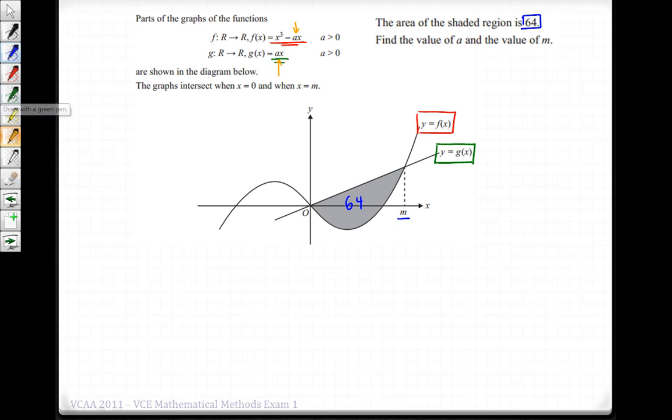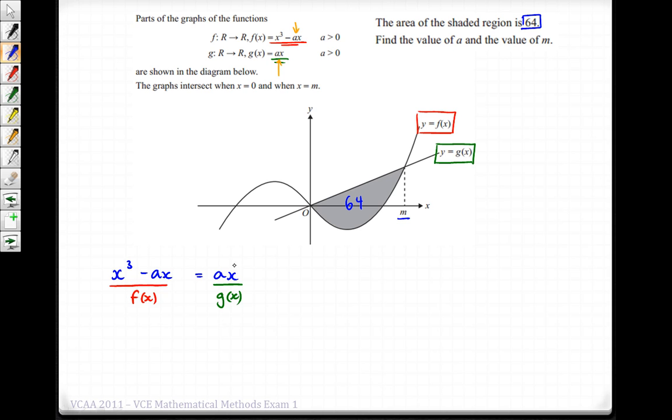So what that allows us to do is set up that x cubed minus ax equals ax. All I've done is let the graph of f of x equal the graph of g of x.